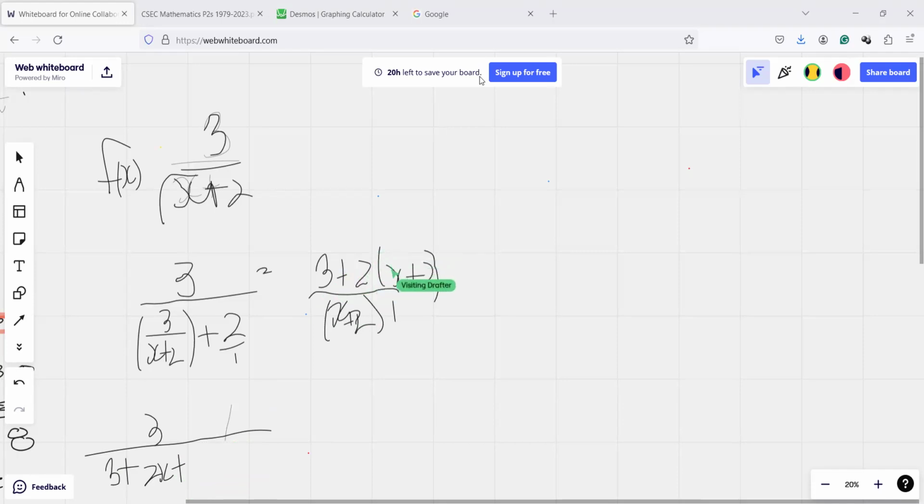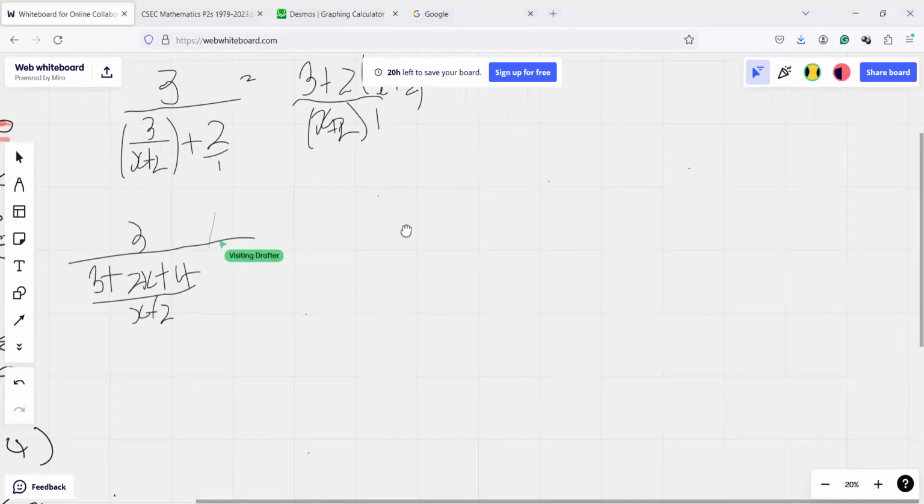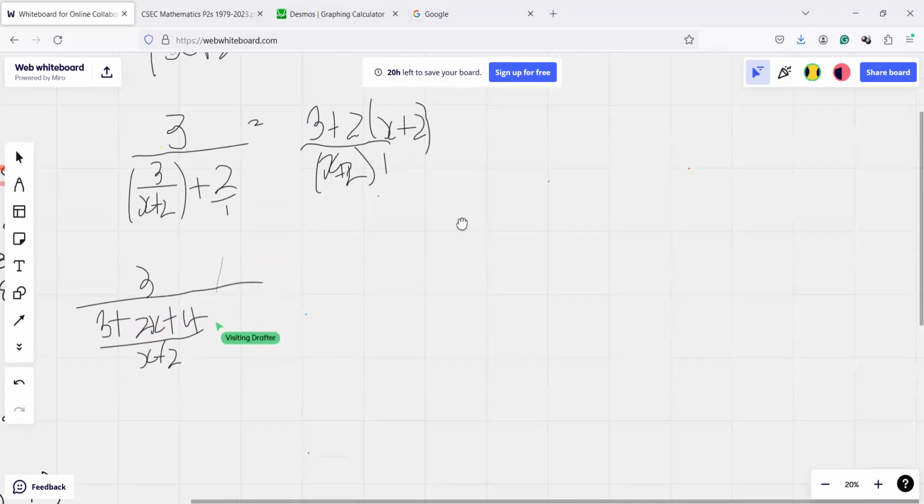So 2 times x is 2x, 2 times 2, we have 4. And then our denominator remains the same because we're multiplying by 1, so it's still x plus 2. You can simplify here even further to say it's 7.